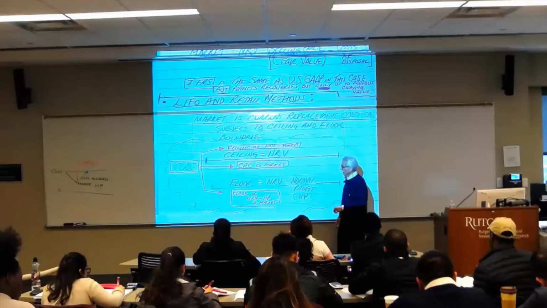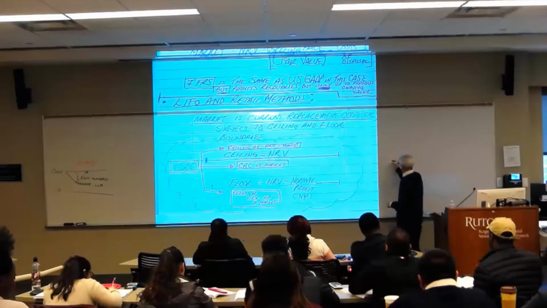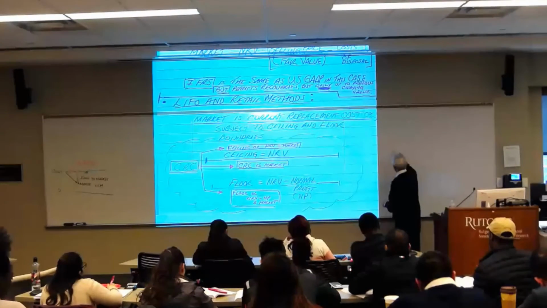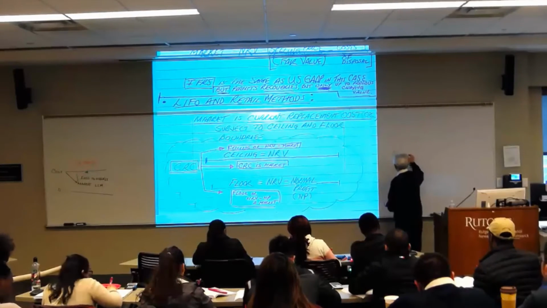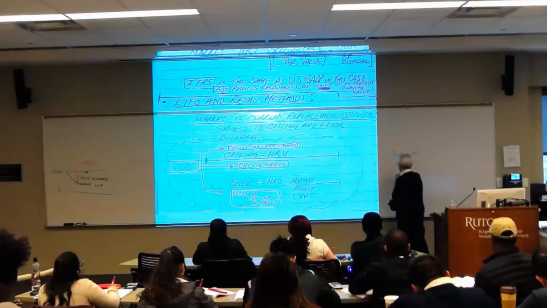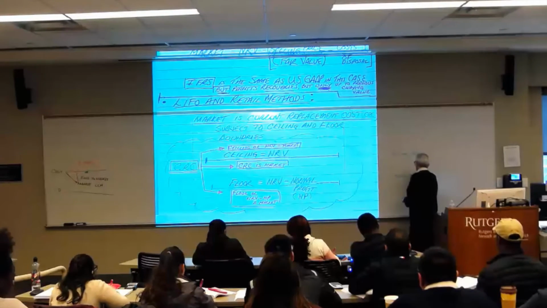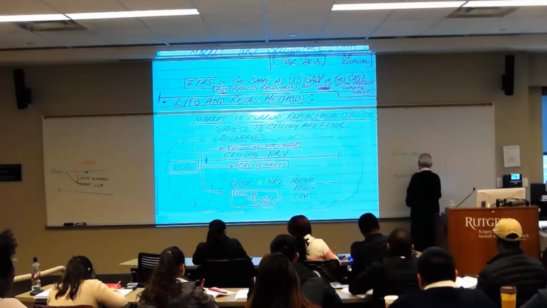So I'm drawing this out now. We have the ceiling, which is NRV, the same as the NRV above, and the floor value is NRV minus normal profit.